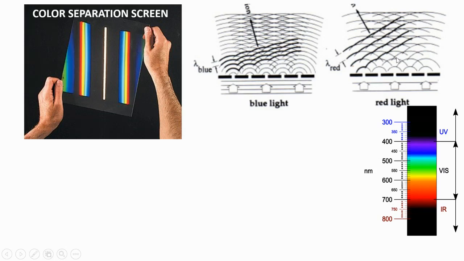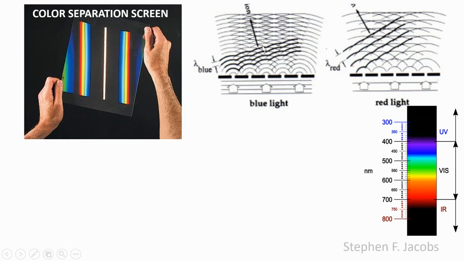In this other example of diffraction, when light passes through all these slits, the recombination produces a wavefront whose wavelength is the size of the red light, which is 700 nanometers.